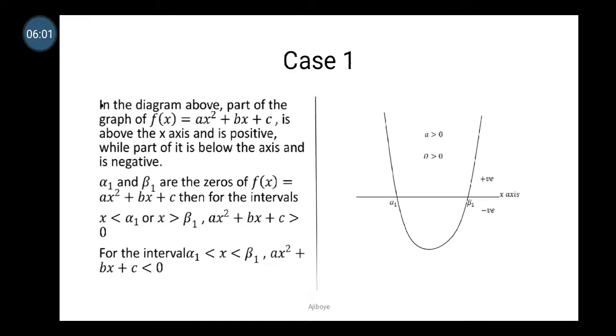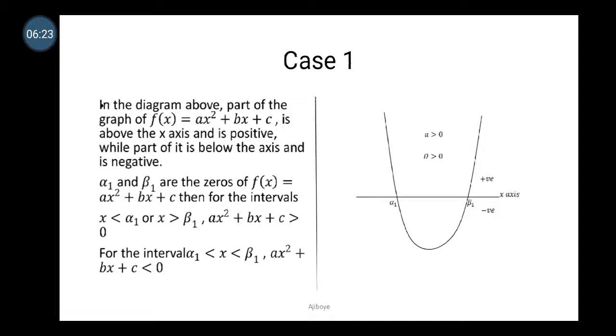So going back, in case 1, we are looking at the case where the coefficient of x squared is positive, and so we have said that if the coefficient of x squared is positive, then our graph will appear as a u.